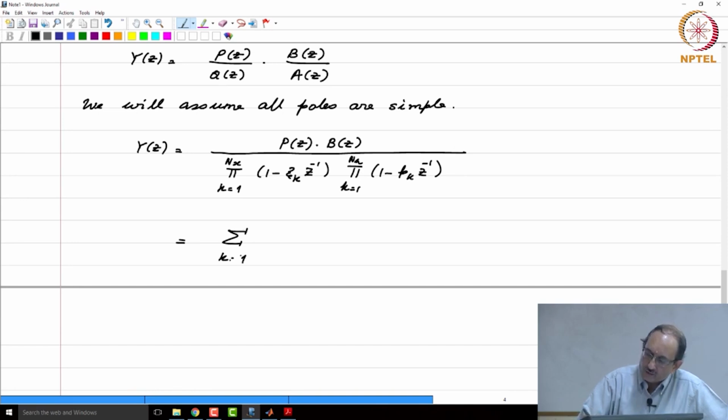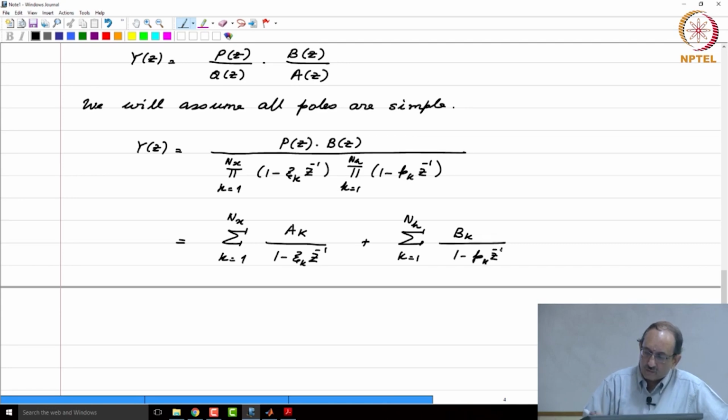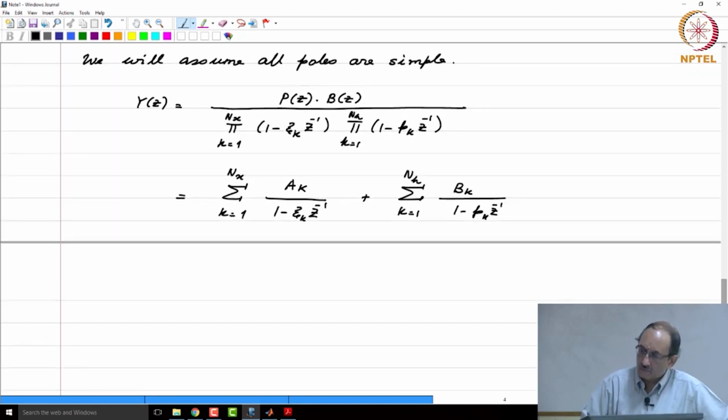So, this goes from k 1 to n x a k by 1 minus psi k z inverse plus k going from 1 to n h b k by 1 minus p k z inverse, and we will assume causality.